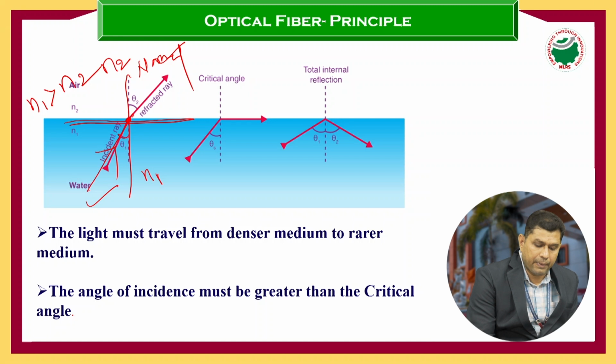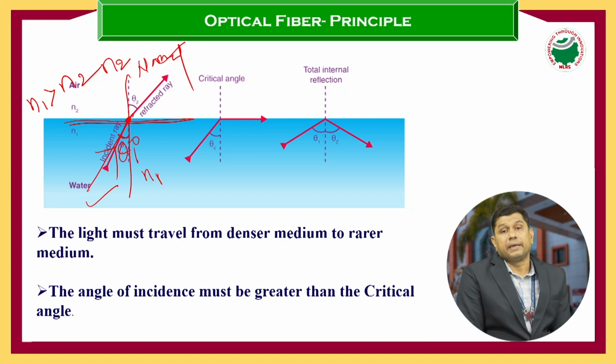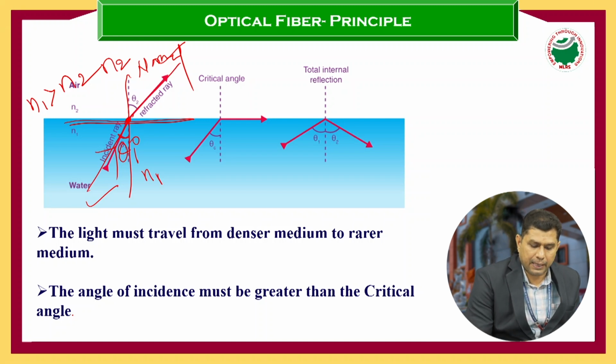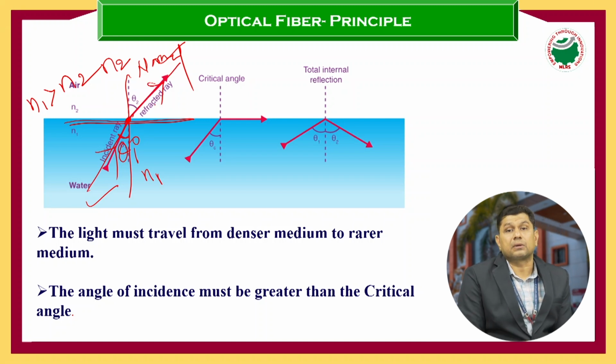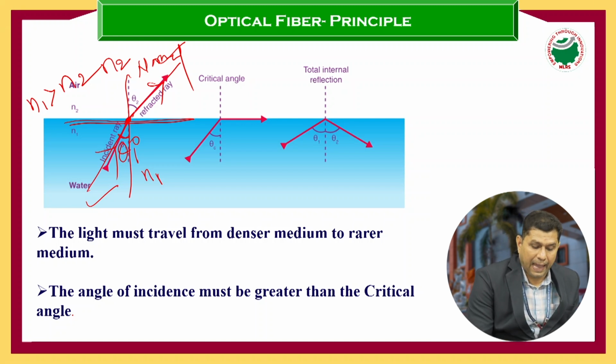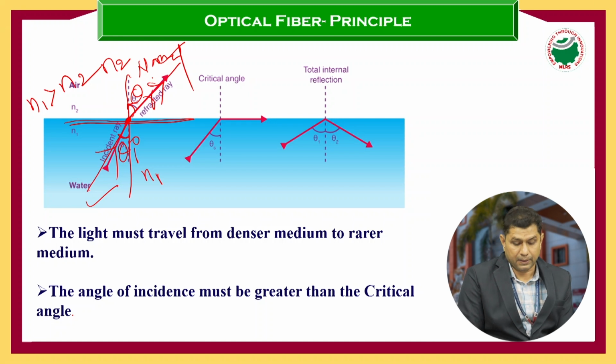The angle made by the incident ray with the normal is called the incident angle. Now the incident ray is refracted into the rarer medium as the ray is traveling from denser medium to rarer medium. The angle made by the refracted ray with the normal is called the refraction angle.